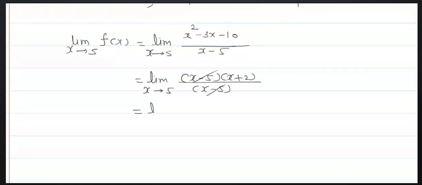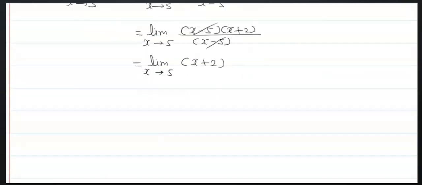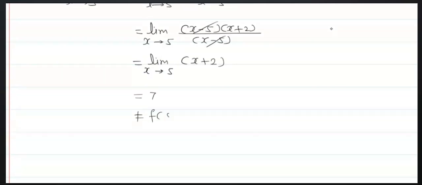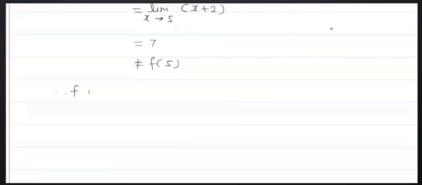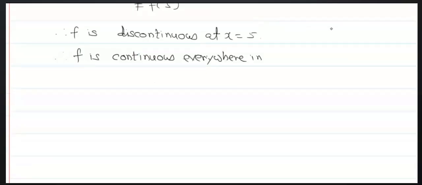X minus 5 gets cancelled, and you will get that is equal to 7, which is not equal to f of 5. Therefore, f is discontinuous at x is equal to 5. Therefore, f is continuous everywhere except at x is equal to 5, where its denominator becomes 0.